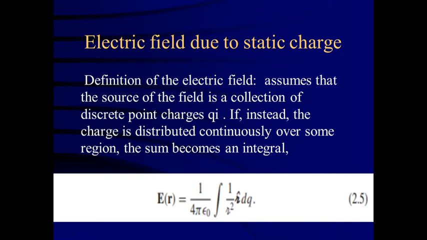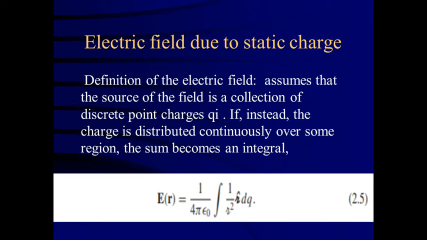If charge is distributed continuously, it means that in some region of space, charge is distributed continuously. That means you cannot discriminate one charge from the other charge. You cannot separate one charge from another. They are merged with each other. They don't have a separate position vector, but in that region of space you can have volume elements, or surface elements, or line elements, which have their position vector instead of the charge.